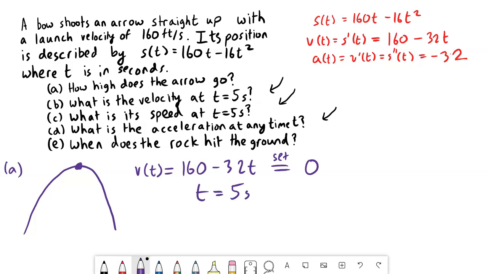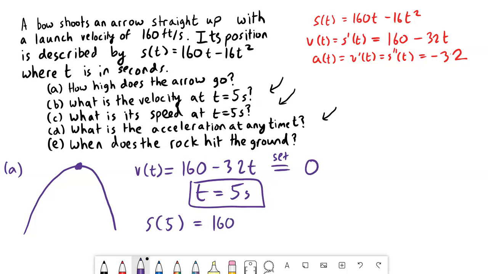That's helpful so we know what the position is, right? T equals 5 is a very crucial part of the problem because it tells us that the 5th second is going to be at its highest position. Let's actually plug that into the position function.